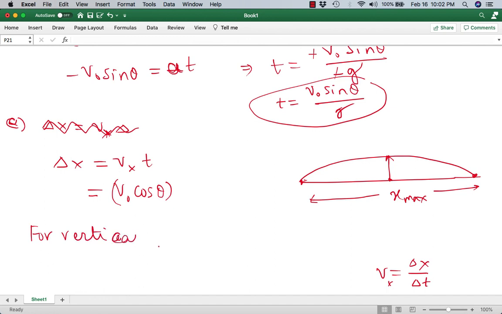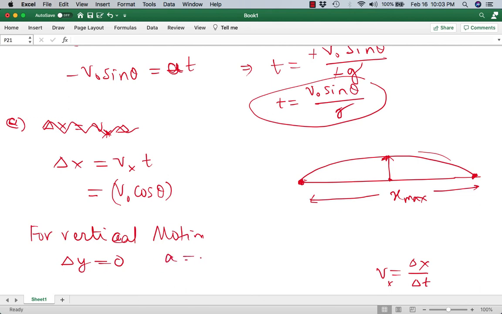In this case the vertical motion is this complete path, not just the halfway, not just to the highest point. So for the whole motion, delta y would be 0 because it starts from here, that's the initial height, and it ends at the same level, so delta y is 0.